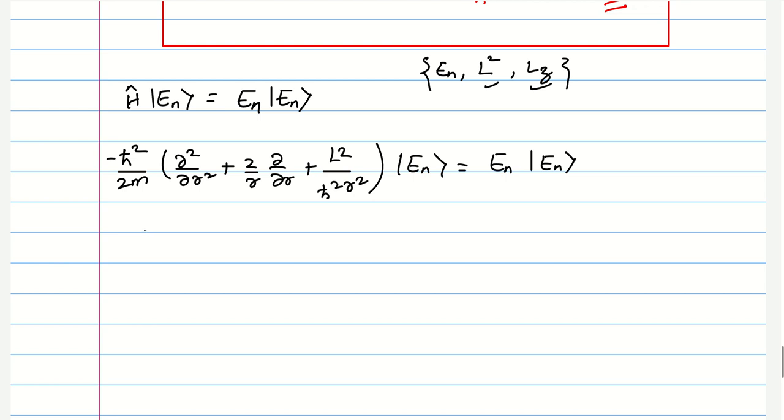Now what we do? We multiply throughout by r square. So, multiplying by r square here. So, r square.